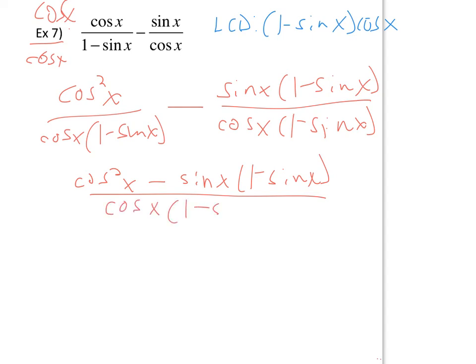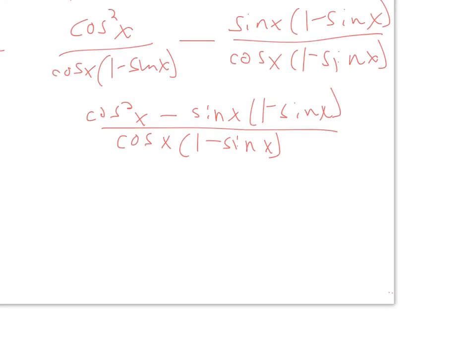And you're probably wondering, why am I not distributing that cosine in the LCD? Well, I want to see if anything drops out here when it's all said and done. I just want to take my time on this one and see if anything develops to where I can cancel something out of the denominator. And those of you who are already seeing it, you can probably look ahead and say, oh yeah, I can see this coming. So let's take a look and see what happens here when I go ahead and distribute this sine x in the numerator.